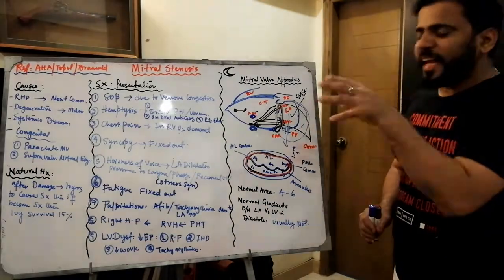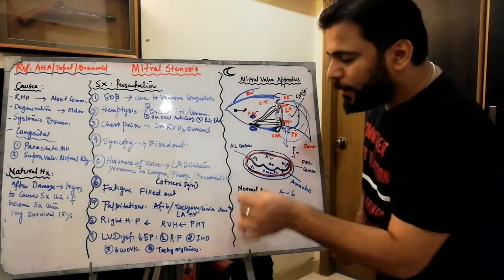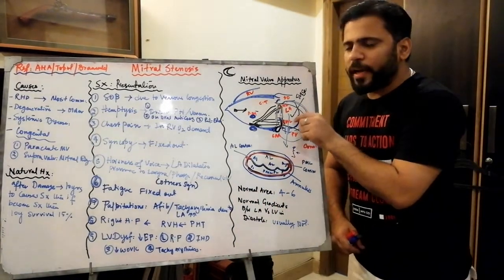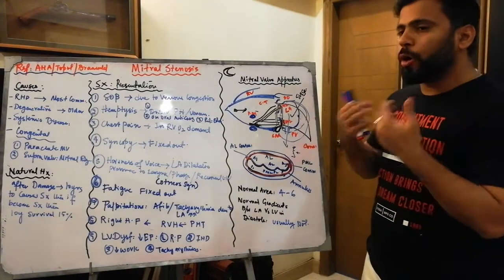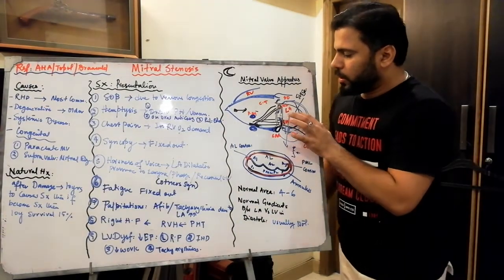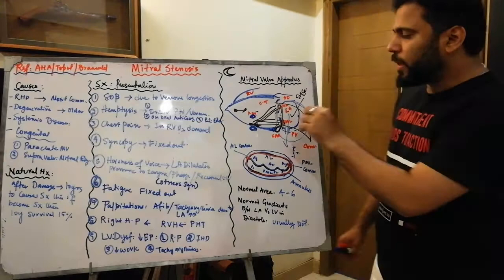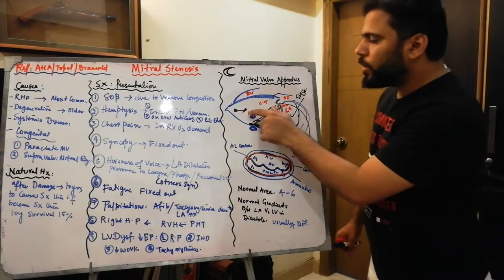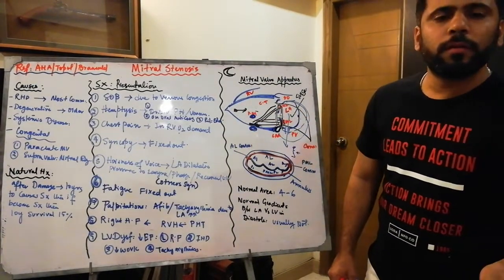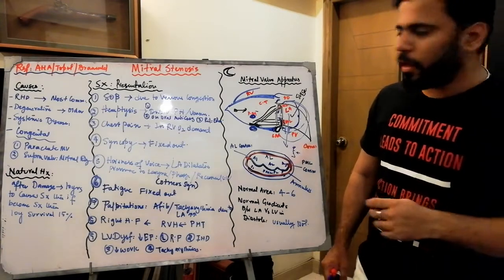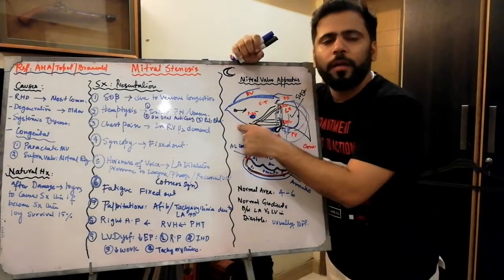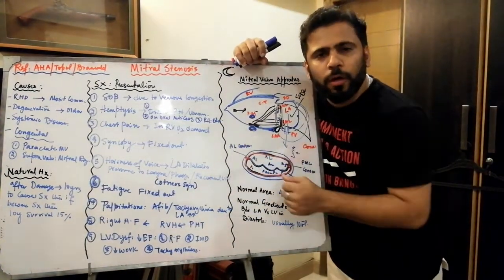Number four, tachyarrhythmias. Because of atrial fibrillation or other atrial arrhythmias, your LV can go into tachy-induced cardiomyopathy. If tachy-induced cardiomyopathy occurs, then again there is a low ejection fraction.